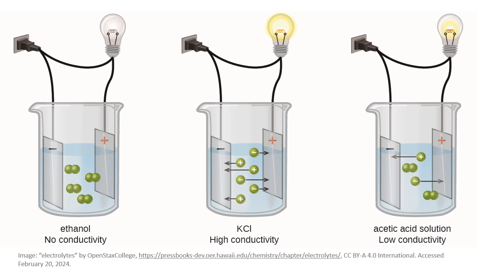An electrolyte will have ions and does move towards charged surfaces, so therefore does conduct electricity. And finally, a weak electrolyte contains both dissociated and non-dissociated species. So it conducts electricity, but there are fewer ions to move, so it conducts electricity poorly.